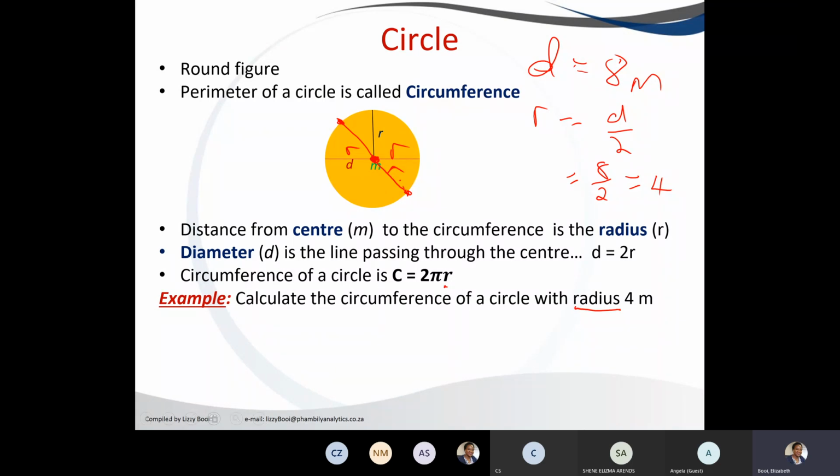So let's substitute into the formula. Our formula is 2 pi r, so we calculate. Remember, we don't use the 22 over 7, we use the pi function. So it will be 2 multiplied by, and you go and say second function, and you will press that close bracket, which has the pi function.